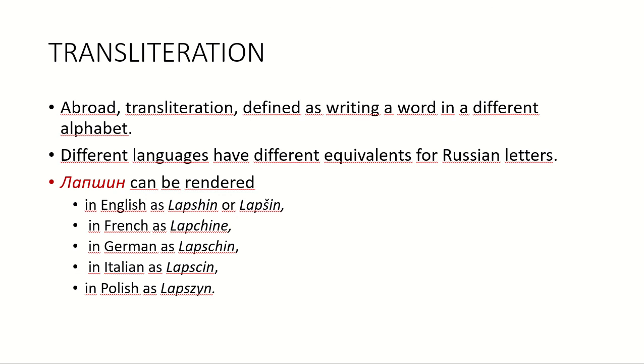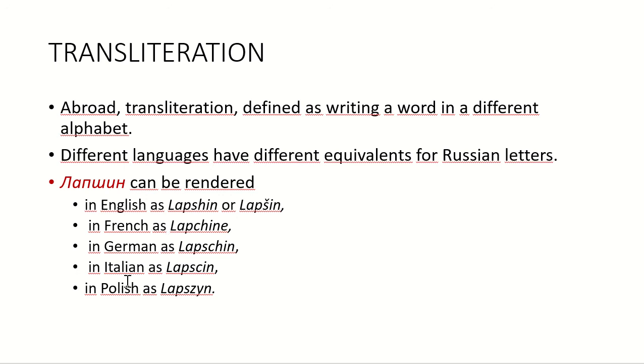For example, the Russian word Lapshin can be rendered differently in different languages, and you can see a list of renderings in 5 languages. The first one is English, and it is given like Lapshin. Okay, good.